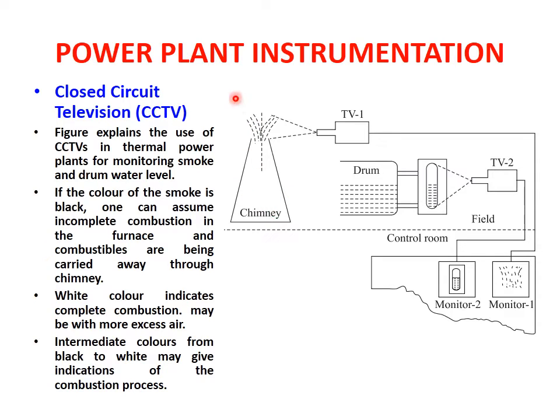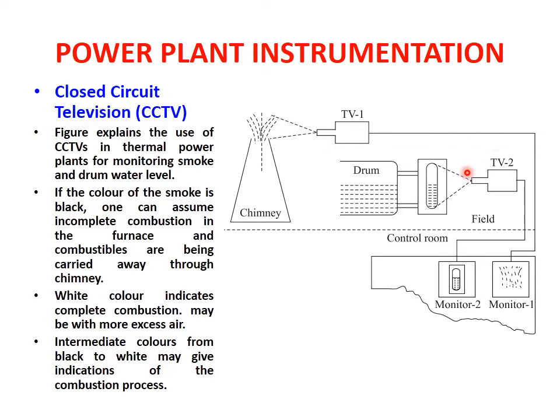One example we will take is of a chimney, and how a CCTV camera is doing the work of measurement. Here, this is a chimney which is exhausting the flue gas from the top end. The monitor will be there, and if there are two cameras, one camera is measuring the smoke or dust, and camera 2 is measuring the actual level.